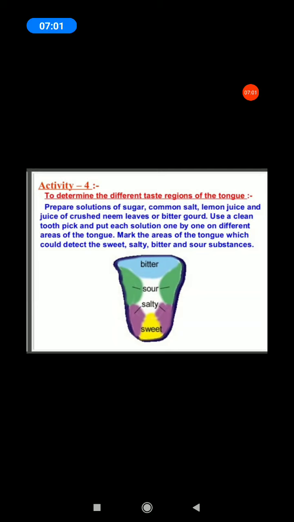Do you know the functions of the tongue? We use our tongue for talking. Besides, it mixes saliva with food during chewing and helps in swallowing food. Next, we also taste food with our tongue.